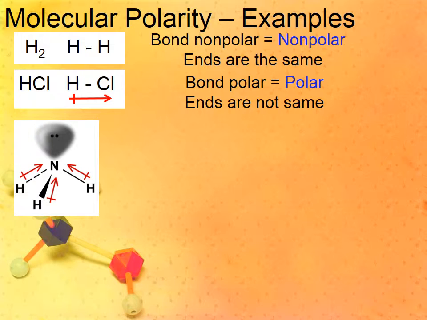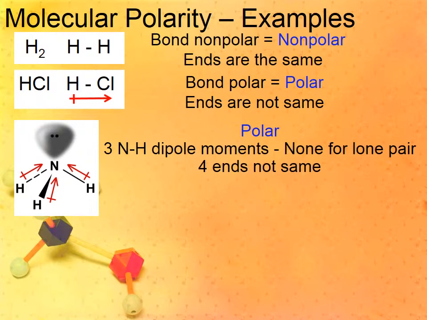Let's look at ammonia. Is ammonia polar? Yes or no? What do you think? Well, look at the dipole moments. Notice that the three nitrogen-hydrogen dipole moments point towards the nitrogen because it's more electronegative. But three-dimensionally speaking, there is no dipole moment where the lone pair is that is counteracting the other three.